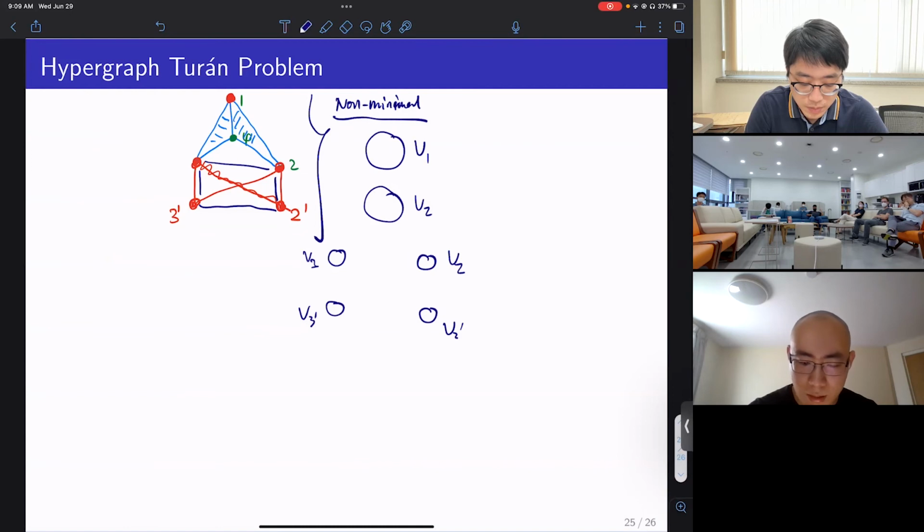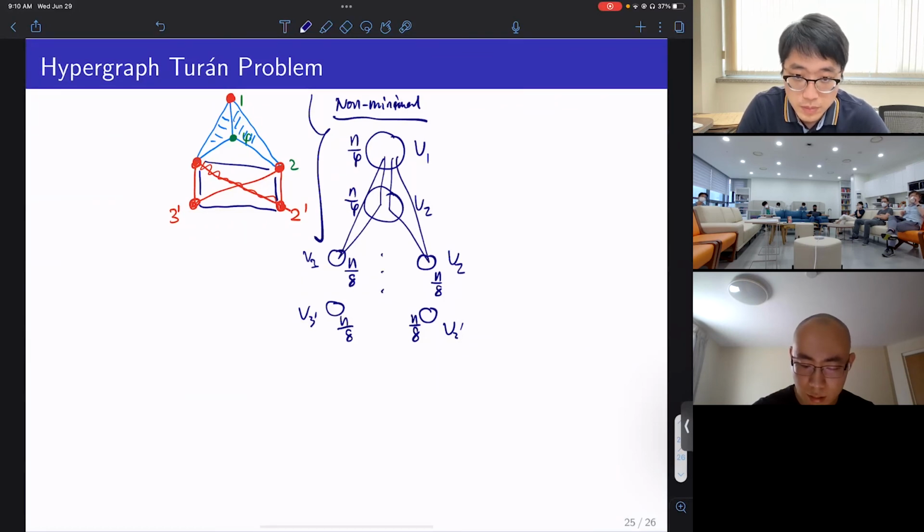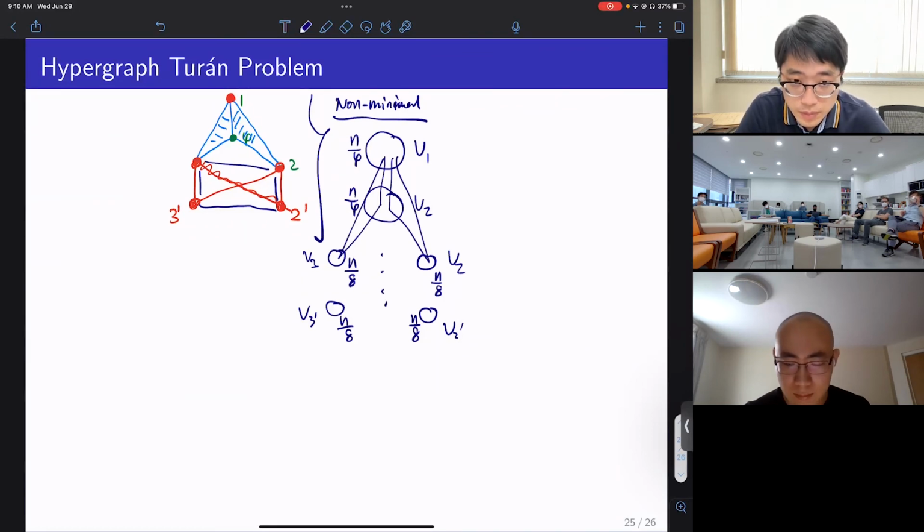It will blow up vertex 1 into n over 4 vertices, the others into n over 8 vertices. And calculate the number of edges. I don't remember how many edges.